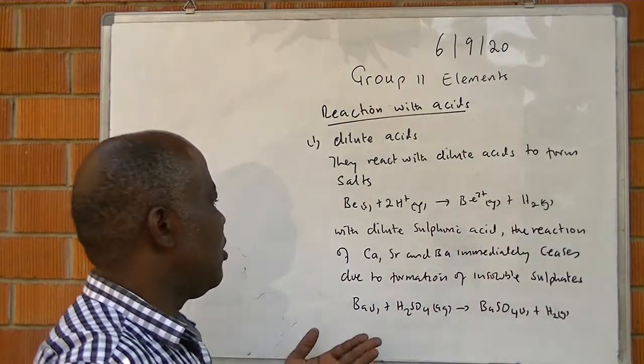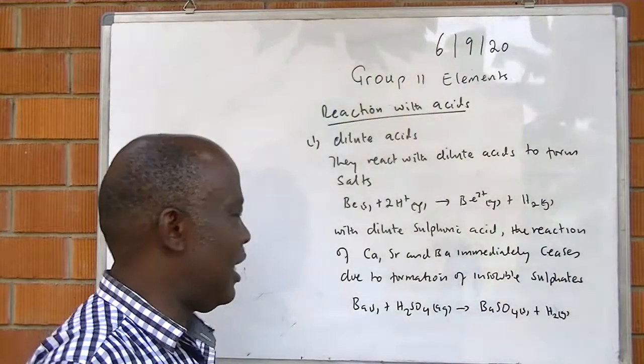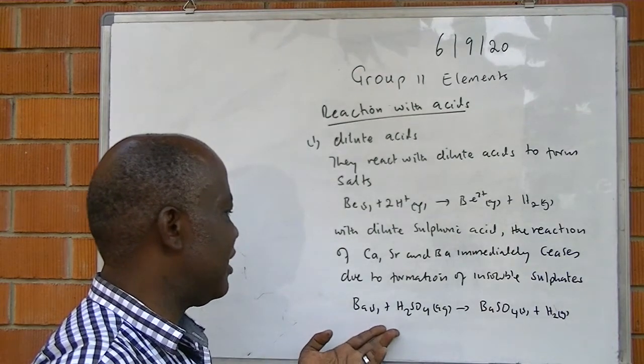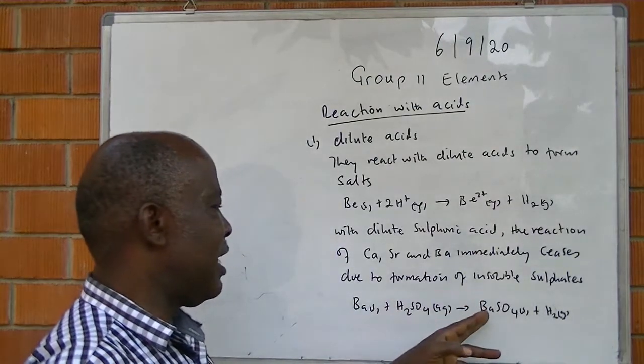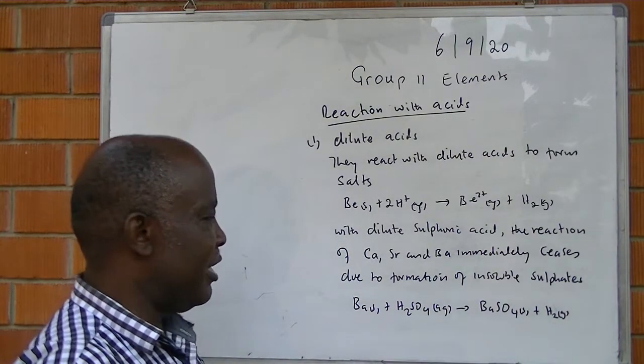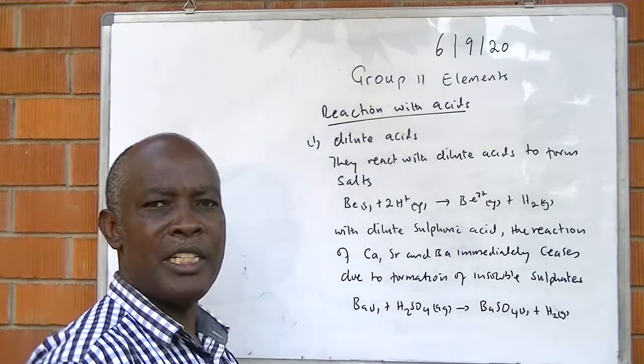Why? Because calcium, strontium, and barium sulfates are insoluble. For instance, barium plus sulfuric acid, you get barium sulfate. Barium sulfate is insoluble. And then hydrogen. The barium sulfate will prevent further reaction of barium with sulfuric acid.